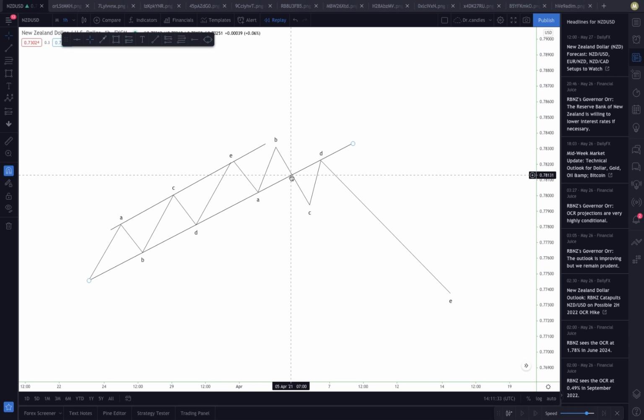We take advantage of the breakout. Usually about 90% of the time, the market comes back for a retest after a breakout. So immediately after a breakout, the market comes back for a retest. Then you can take your sniper trade around here, and follow the breakout.